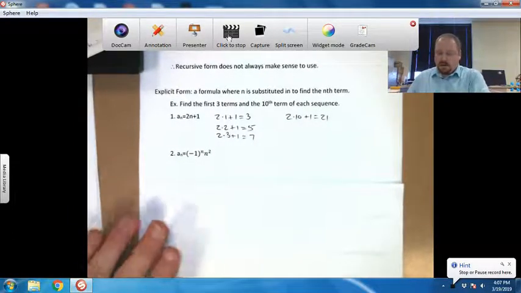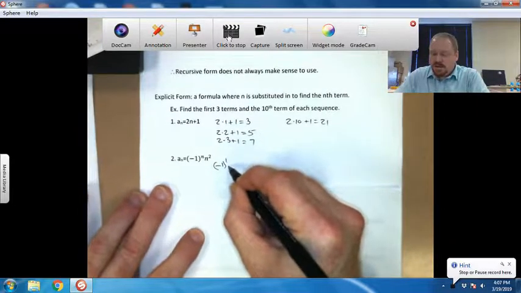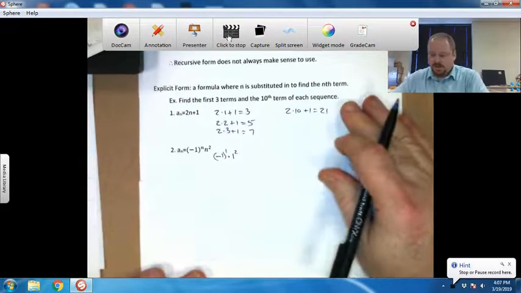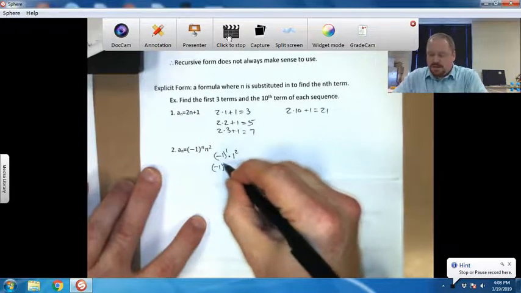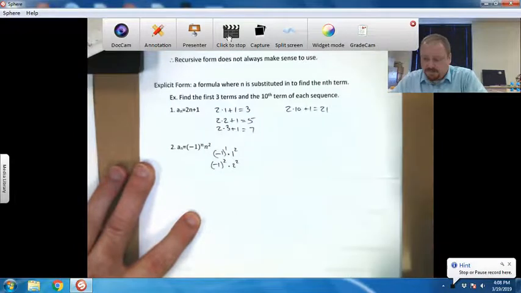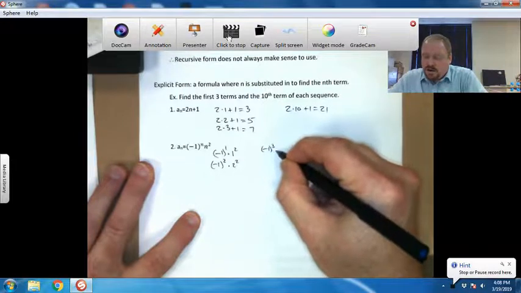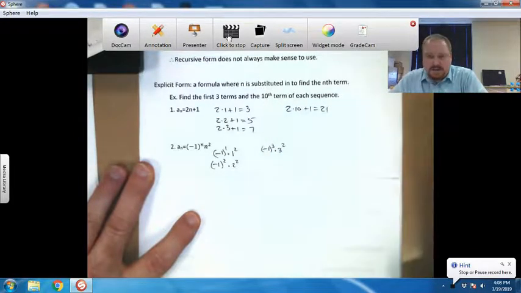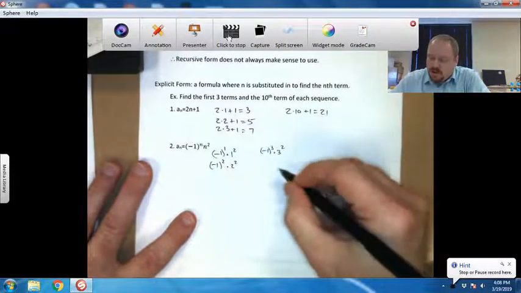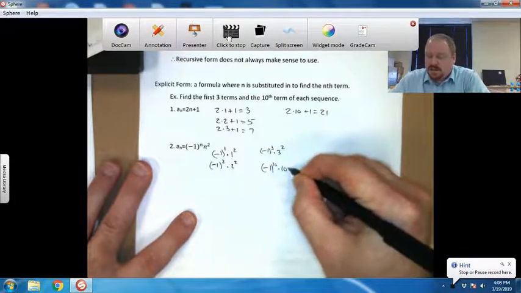Okay, so (-1) to the first times 1 to the second will be the first number. (-1) to the second times 2 to the second will be our second term. (-1) to the third times 3 to the second. And then lastly, because they want the 10th term, we're going to do (-1) to the 10th times 10 to the second.